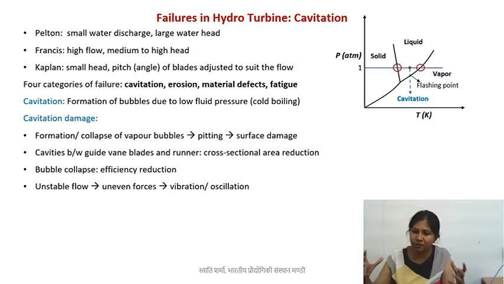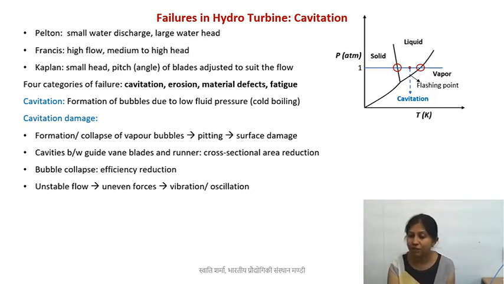There are localized turbulent flows that may lead to vibrations or oscillation of the overall turbine system, and when the entire machinery shakes or vibrates, that can further lead to damage or leakages in different parts of the turbine.